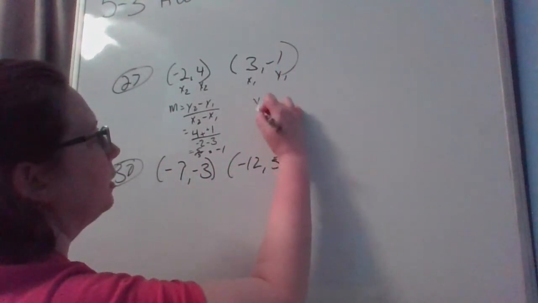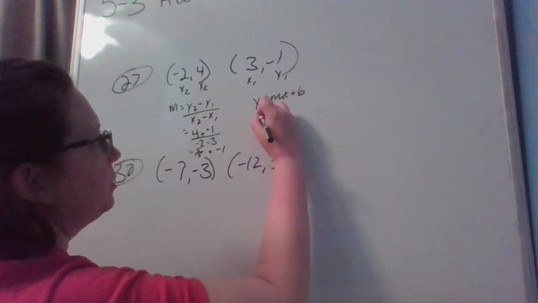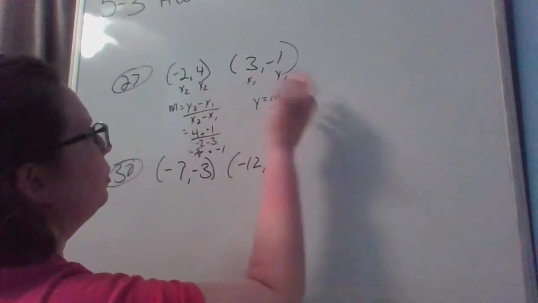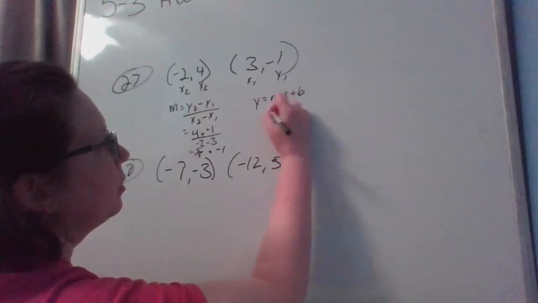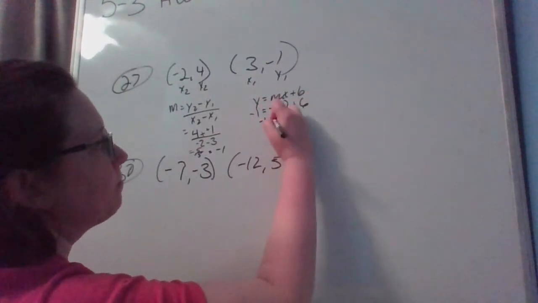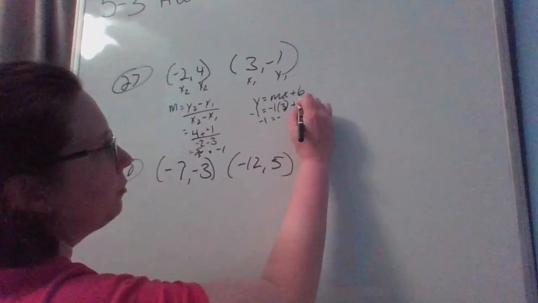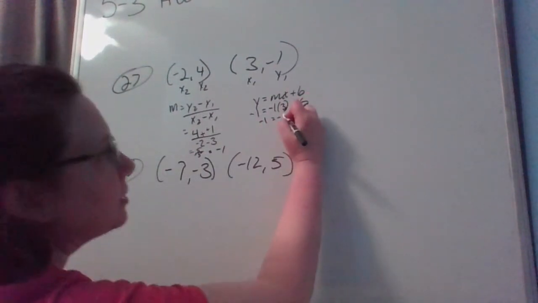And then I can plug that slope in one of my ordered pairs. Let's use this one. Plug those in. Solve out for b. Forever I seem to want to make that a 6.